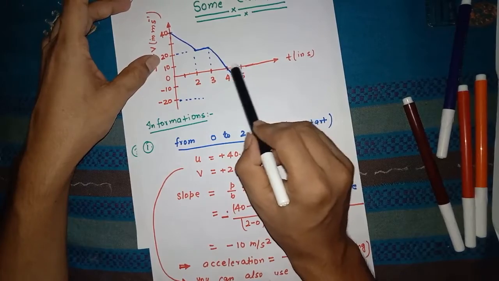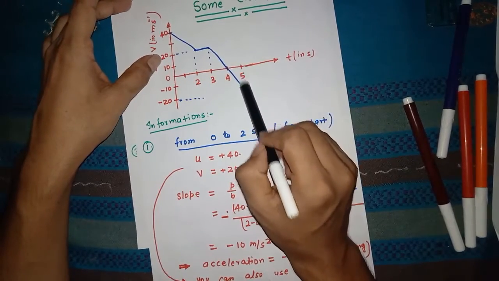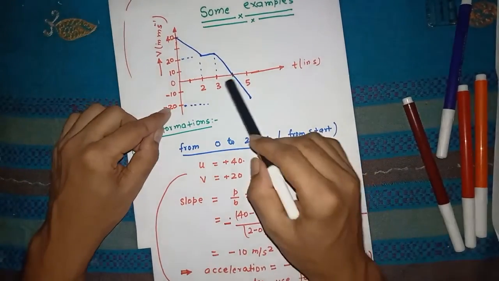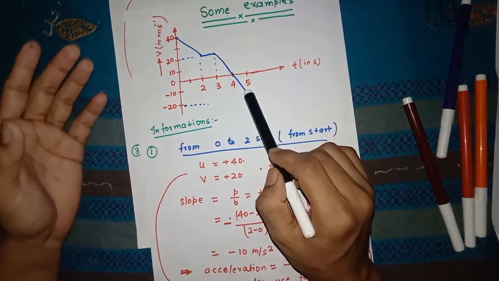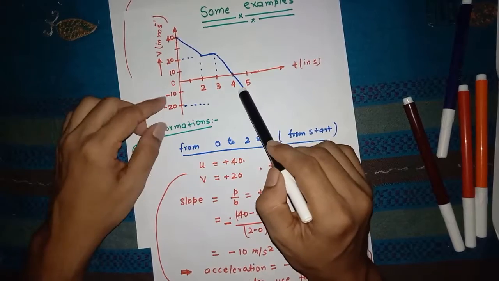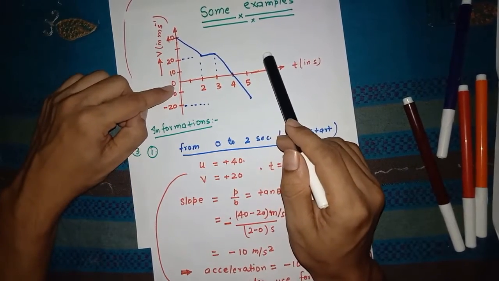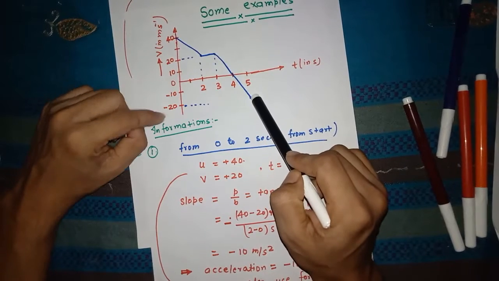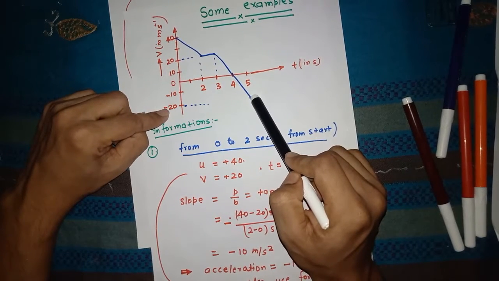So here you can see that if you take direction in the opposite direction, then the speed increases from 0 to 10 to 20. That means at 5 its speed is 20 meter per second in the opposite direction. It means in the opposite direction its speed increases, not decreases, but increases.